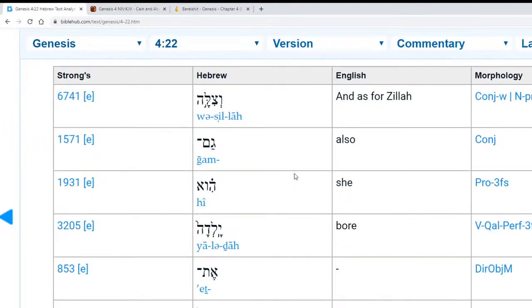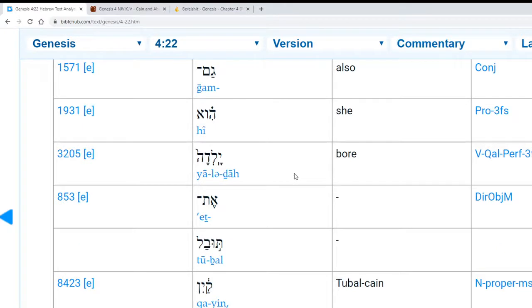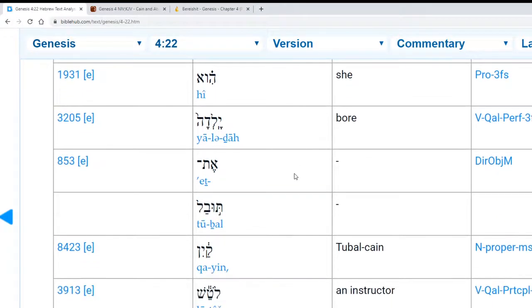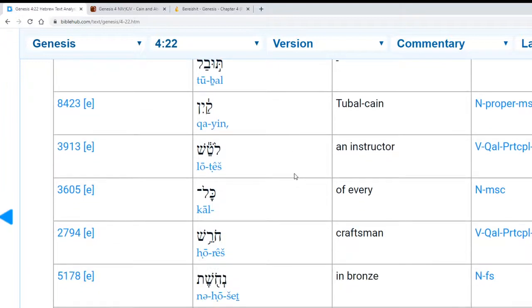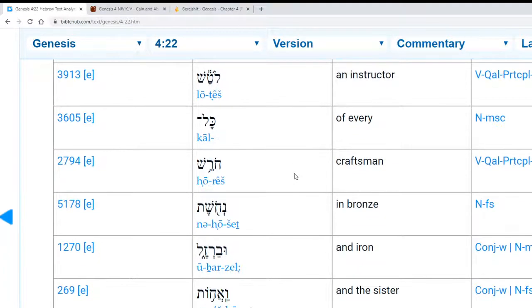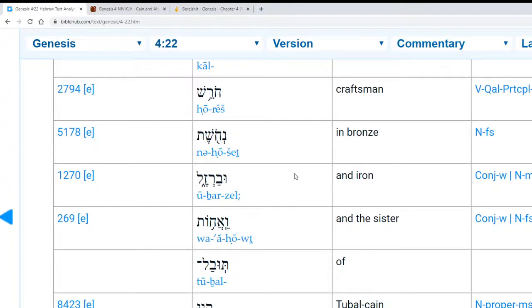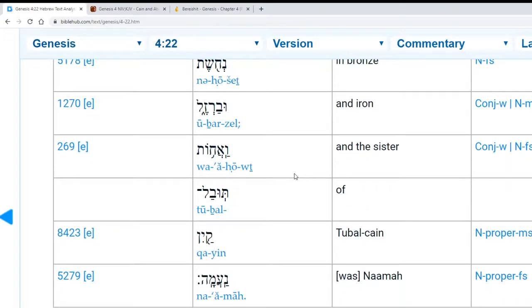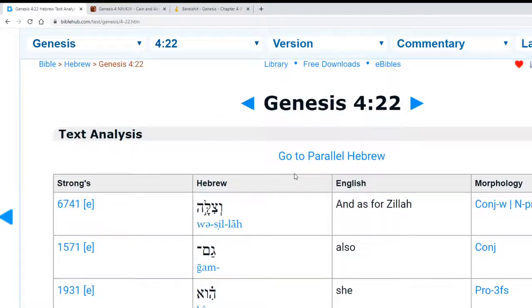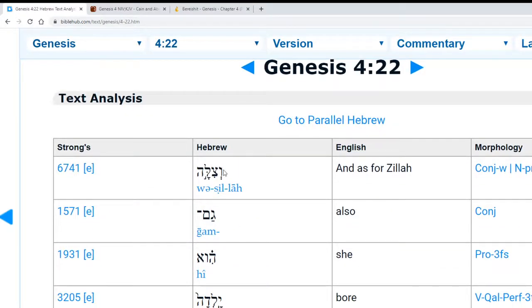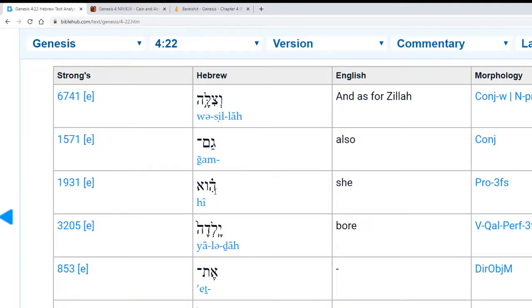Verse 22. Vetzila gam hi yalda et Tuval Kain lotesh kol choresh nechoshet uvarzel ve'achot Tuval Kain naama. Okay, so conjunctive vav, Tzila is the name, gam, also, hi, right?